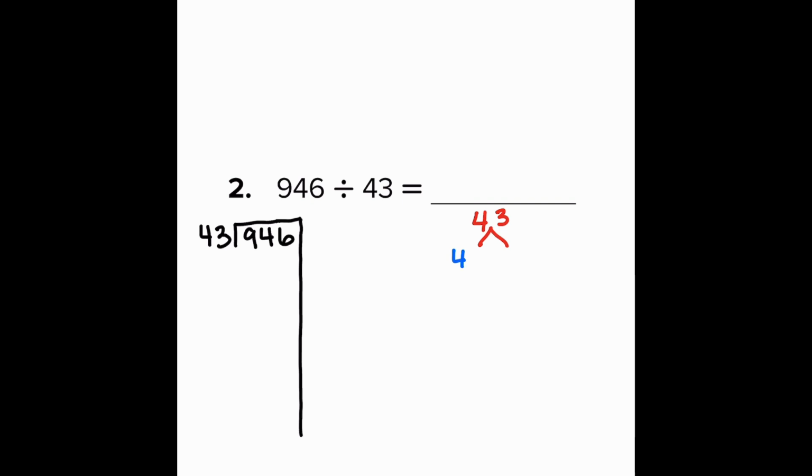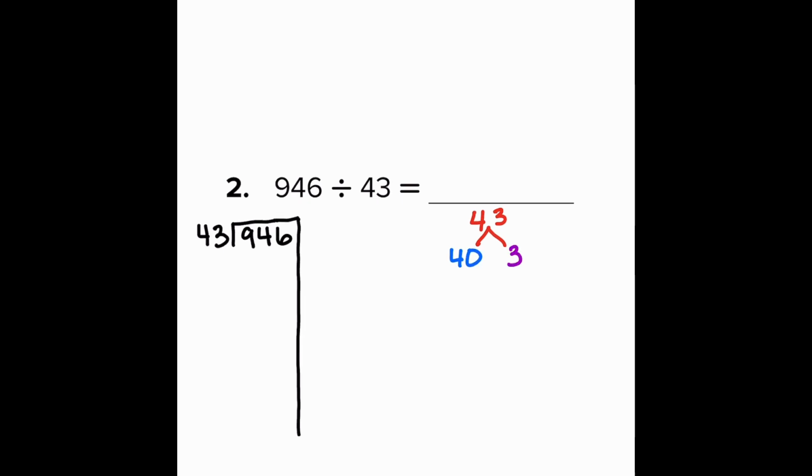So 40 plus 3 creates 43. So that is my first multiple. 43 times 1 is 43. To get 43 times 2, all you have to do is do 4 times 2, which is 8, and add my 0.